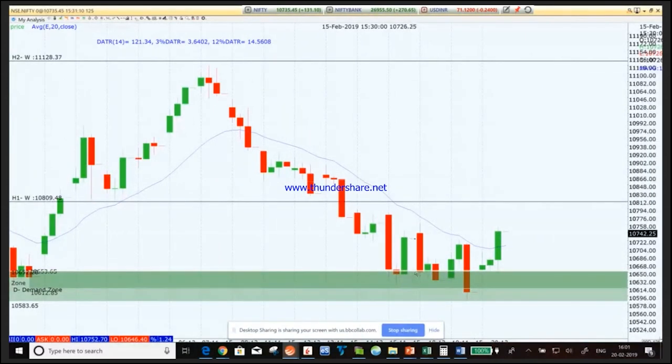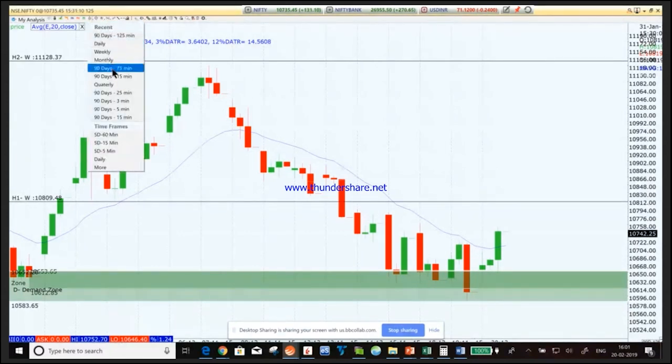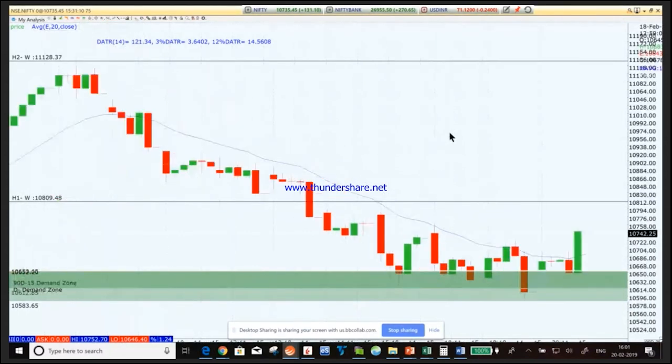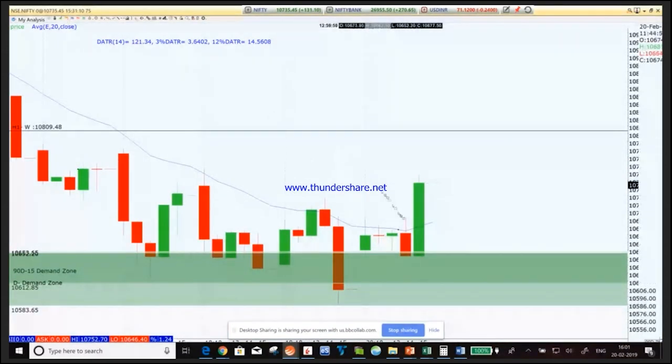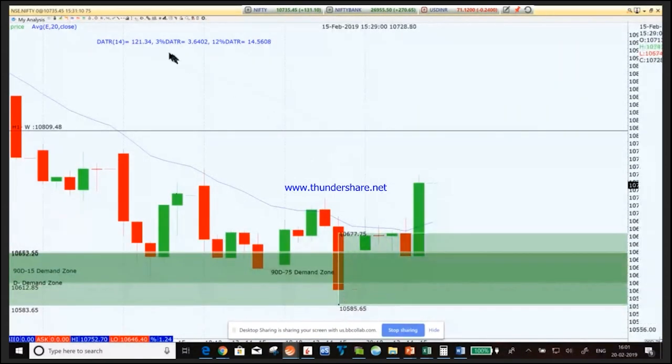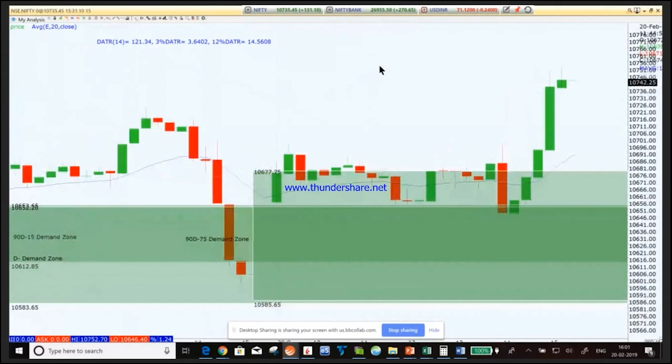So you still were not allowed to go long. Now this is like a drop base and a rally. Now you should think of going long. So like probably there'll be some 15-minute demand zone within this entire area where you can think of going long, aggressively long, because the location is supporting us.